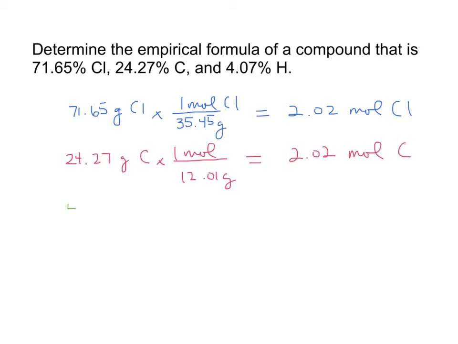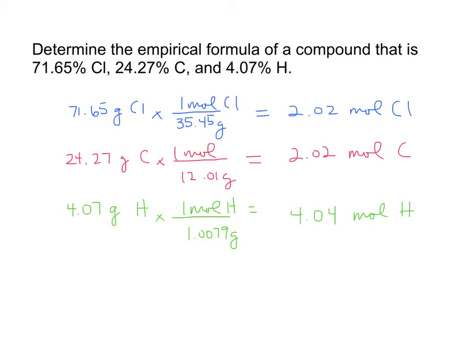So we have 4.07 grams of hydrogen, converting it to moles, 1.0079 grams for every mole of hydrogen, and we get around 4.04 moles of hydrogen.